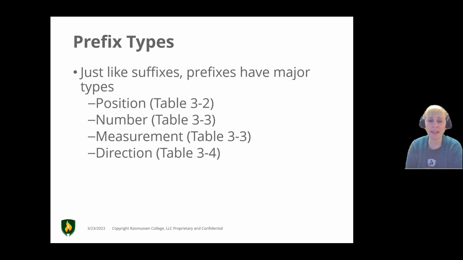There are many different types of prefixes, just like what we have with suffixes. We had the surgical suffixes, the diagnostic suffixes, and the pathological suffixes. We have positional prefixes, numerical prefixes, measurement prefixes, and directional prefixes.